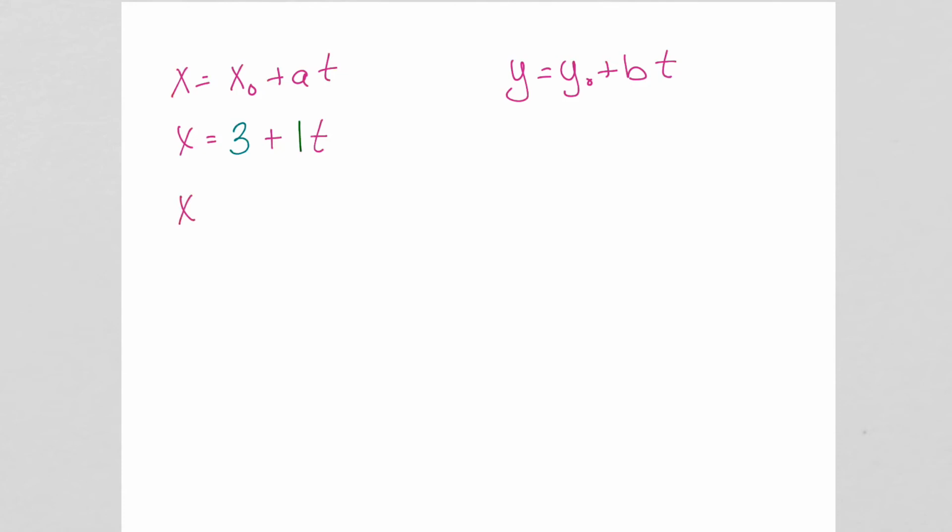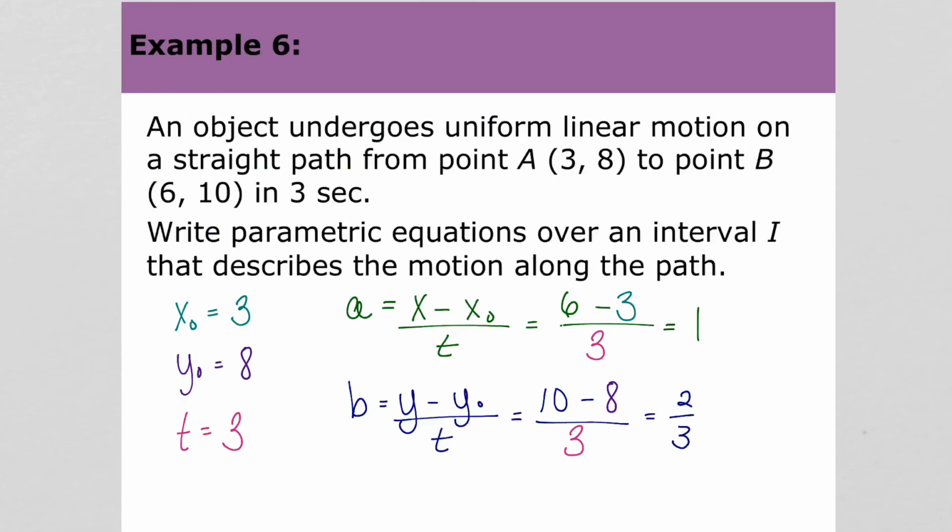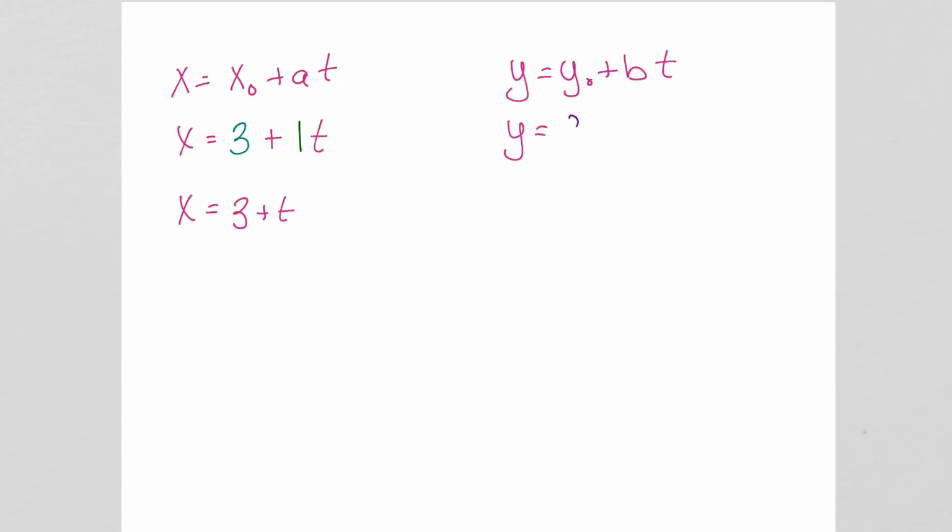It's just x will be 3 plus t. And then over here, y equals y naught, which was 8, and b is 2/3. So our parametric equations are x equals 3 plus t and y equals 8 plus 2/3 t. And that is defining our object over time.